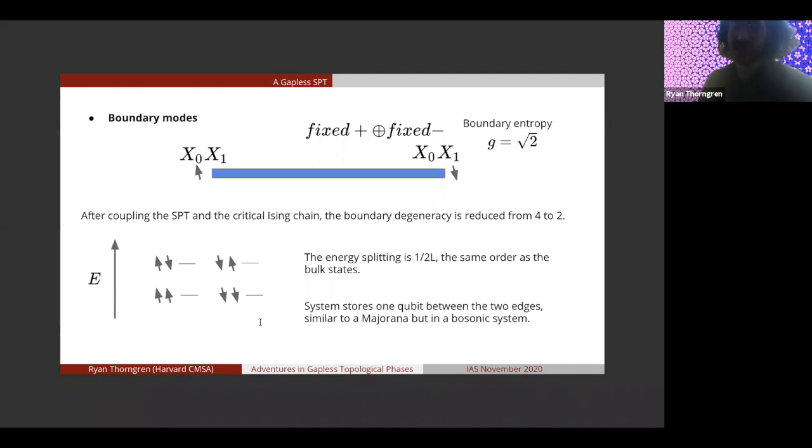It's a bit like the Majorana edge mode that we're familiar with in, say, the Kitaev chain, but that's a fermionic system. So I think it's quite interesting that we see Majorana-like physics in this gapless system, in this bosonic system, which we can get away with because it's gapless. So even in this trivial case, we're seeing something new.